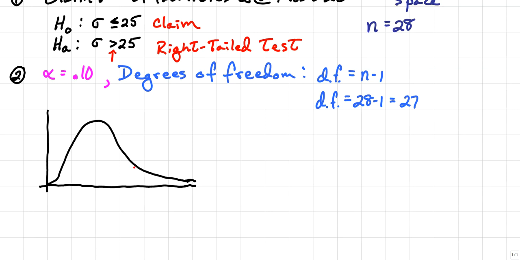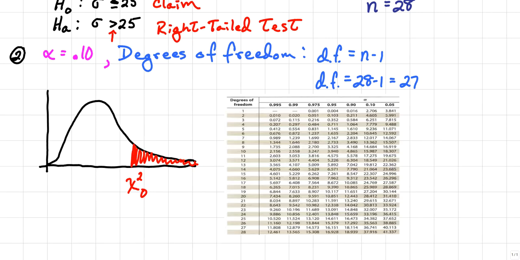And we know, since this is a right-tailed test, that chi-squared naught will be at this point, and that we will reject anything that is above the chi-squared critical value. So in this case, let's go ahead and determine what that is from the table.